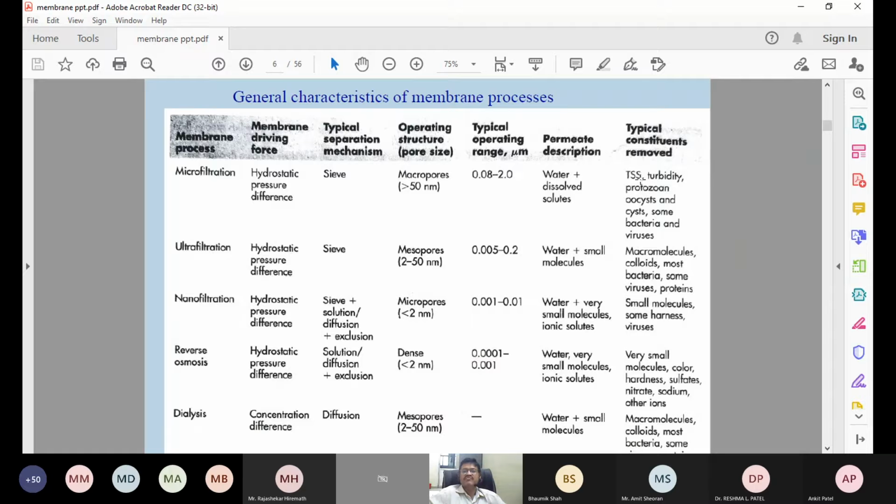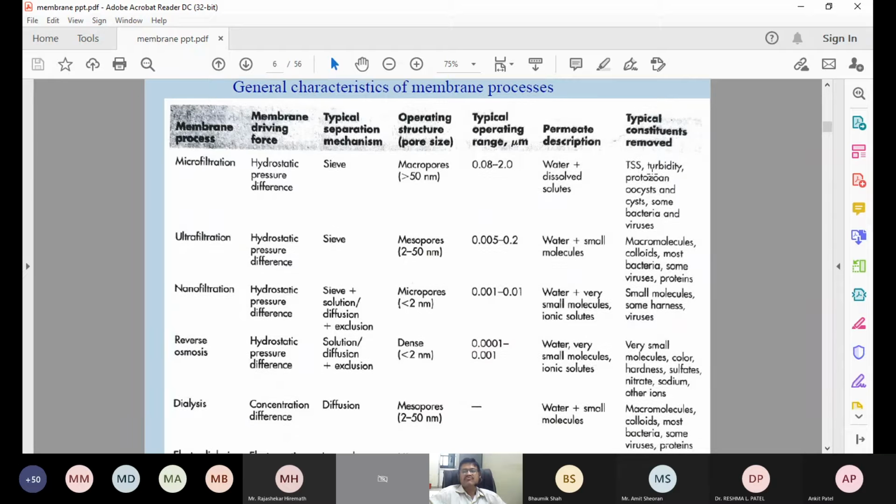It can remove TSS, that is total suspended solids. It can remove the turbidity of water. It can remove protozoans and some of the bacteria and viruses. The size of bacteria is very small, and the virus is smaller than bacteria also.